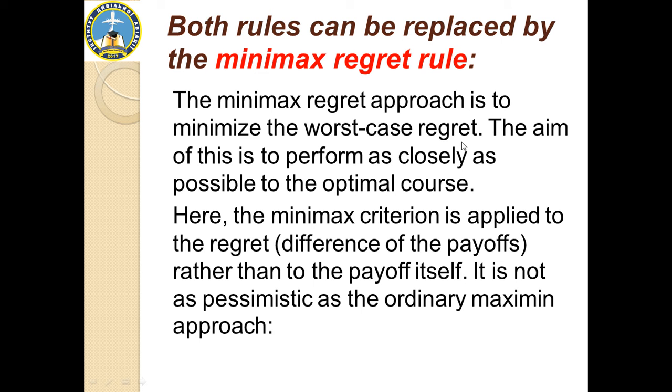Here the minimax criterion is applied to the regret, not the original payoffs, but the regret. It's the difference of the payoffs, but not any difference. It's a smartly found difference of payoffs. It's not as pessimistic as the ordinary maximin approach.